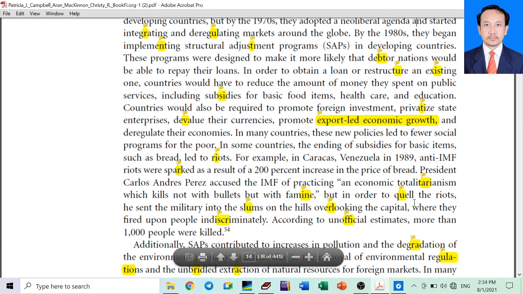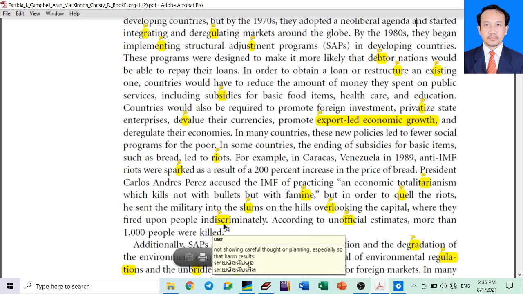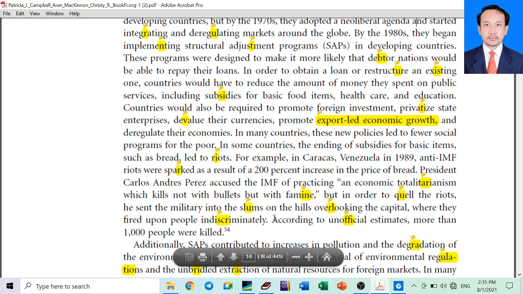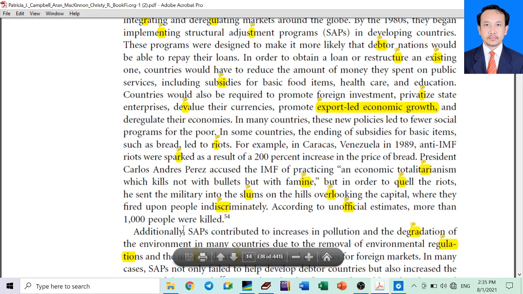But in order to quell the riot, he sent the military into the slums on the hills overlooking the capital, where they fired upon people indiscriminately. According to an official estimate, more than 1,000 people were killed.